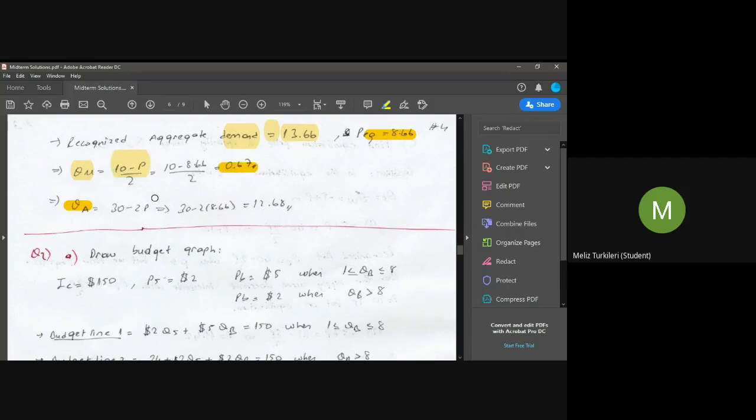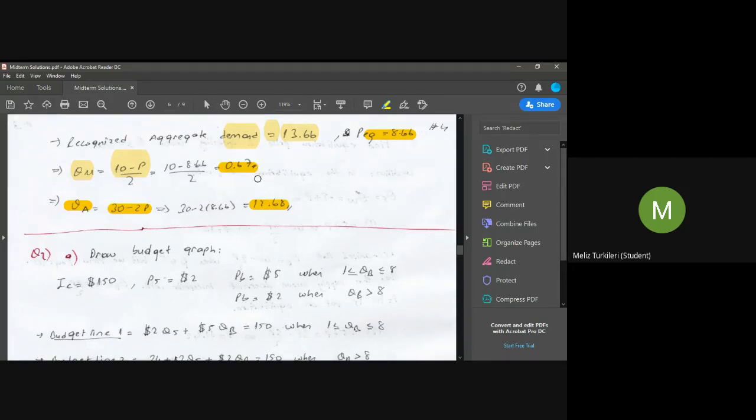If we do the same thing for the second consumer, and plug 8.66 into his demand function, I will find out that this is 12.68. If you add these two amounts, you will find out that this is equal to 13.66, which is also equal to aggregate demand. This is our solution.